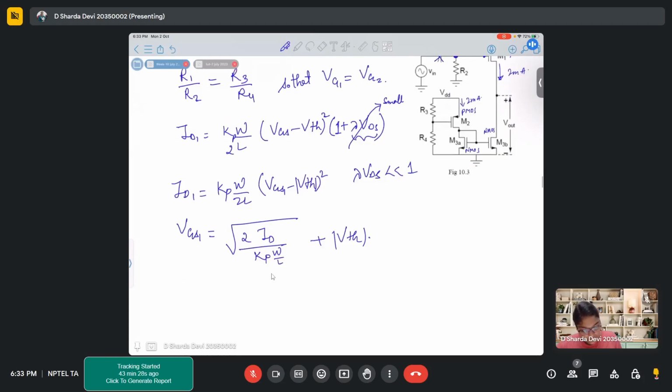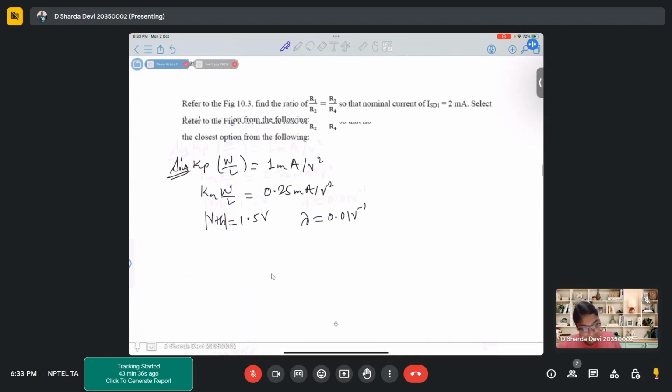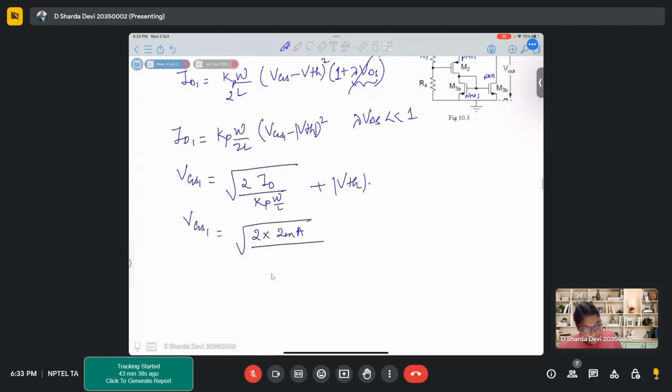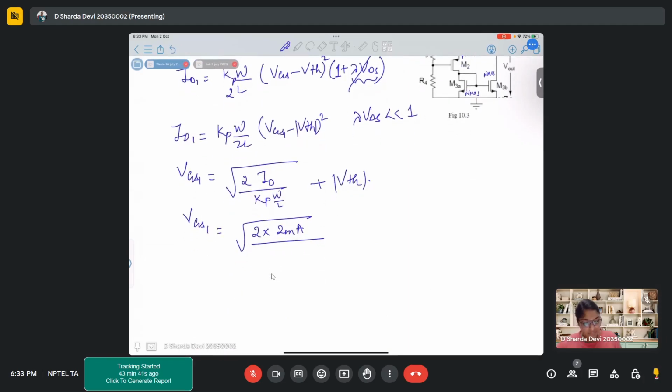Now here we know all the values: 2 into current, which was 2 milliamperes, KPW by L is 1 milliamperes per volt square, plus 1.5, which gives us VGS1 as 2 plus 1.5, that is 3.5 volts.